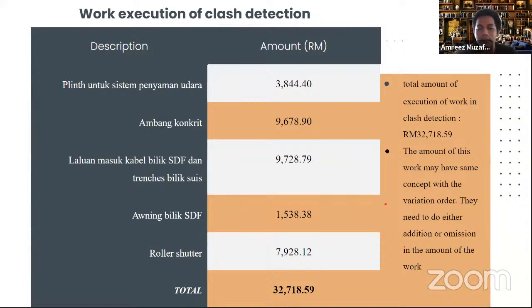Actually, this is the latest one, up until 2016. After 2017, there is nothing being used for the analysis. For example, the cable entry route for the SDF room and trenches for the Swiss room, the total amount is 9,728.79.